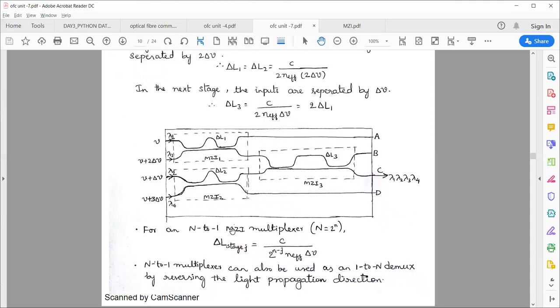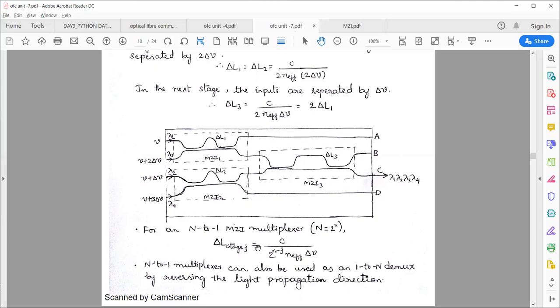So for an N to 1 MZI multiplexer, where N can be 2 power n, to 1 multiplexer, what must be the delta L for a given stage? Delta L for a given stage, say for example J, is equal to c divided by 2 power (n minus J) n effective into delta v. Okay, so n is the small n.